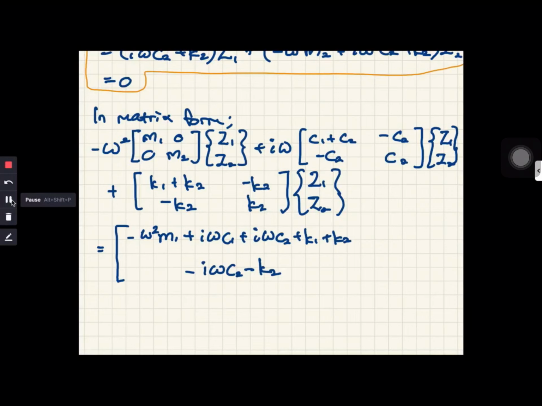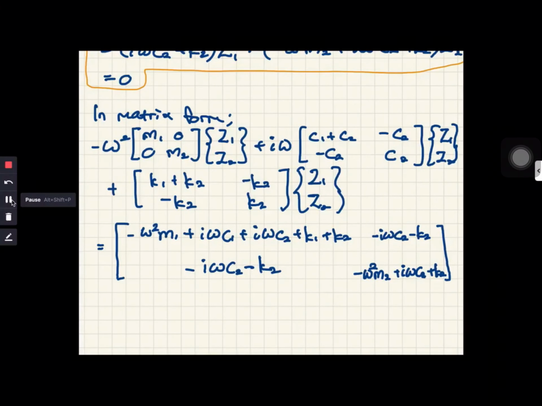Over here we will have negative i omega c2 minus k2, and down here we will have negative omega squared m2 plus i omega c2 plus k2.